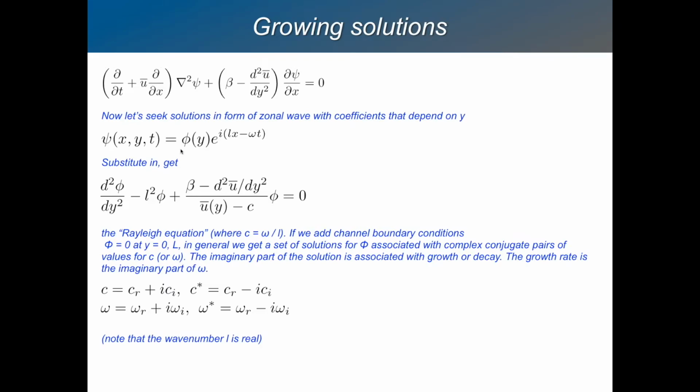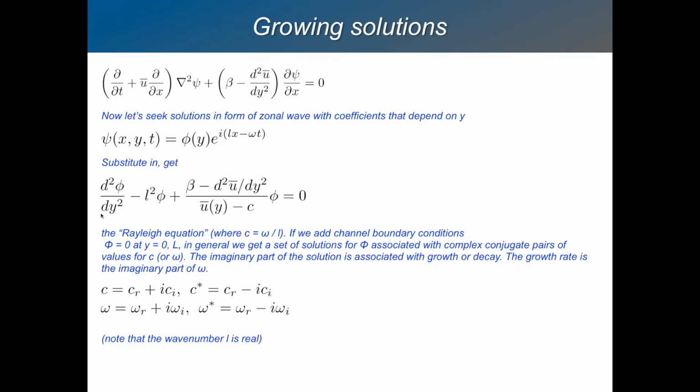So again, if I substitute this in here, I won't get just an algebraic equation, I'll get an ordinary differential equation for phi. And here it is, right? So I substitute this into here, I get this. This is called the Rayleigh equation. So if we want to analyze the instability, we have to deal with this Rayleigh equation.